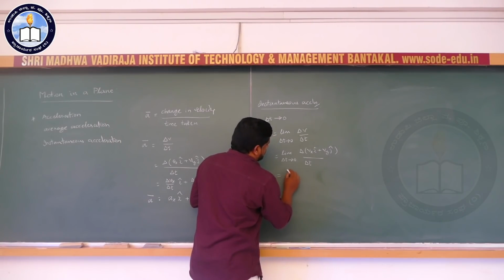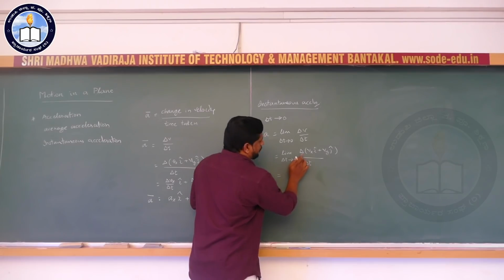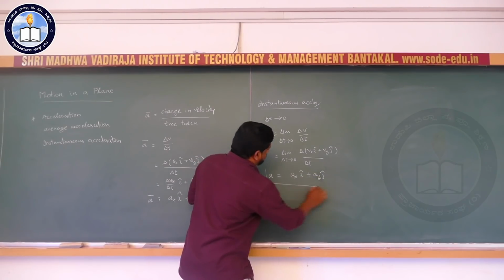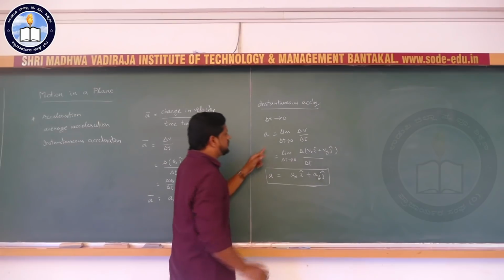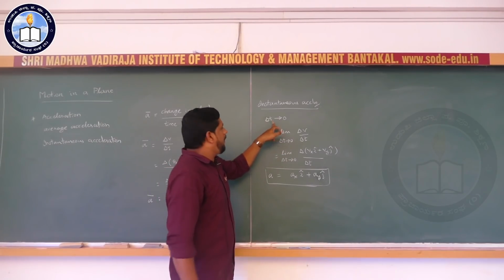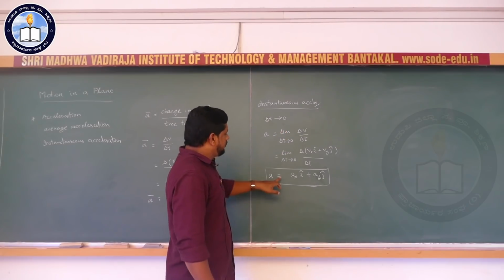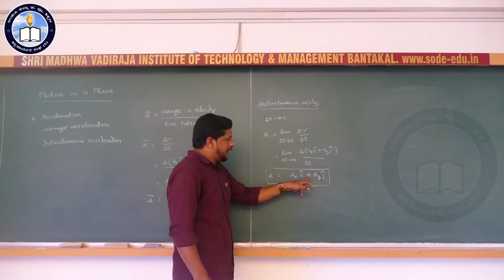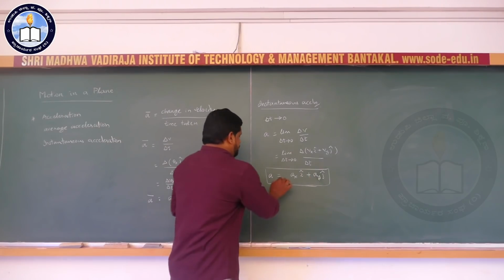So this is limit delta t tends to 0 of delta Vx by delta t into i cap, which is nothing but Ax into i cap plus Ay into j cap. So a is Ax into i cap plus Ay into j cap.